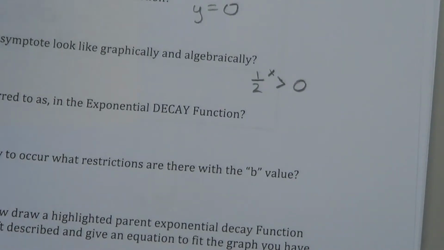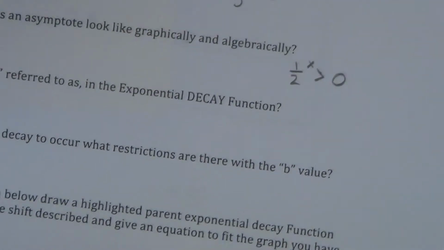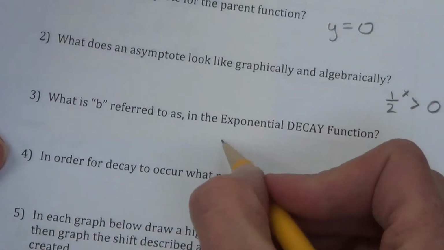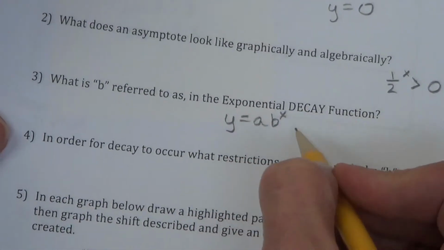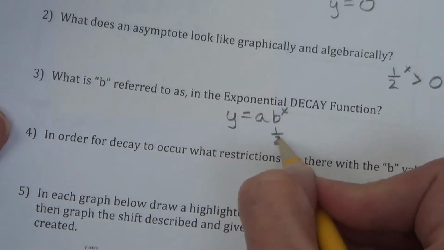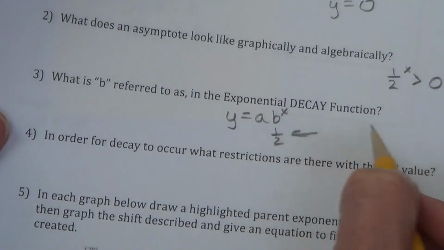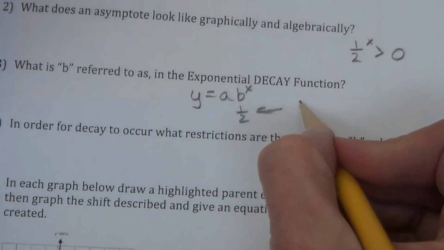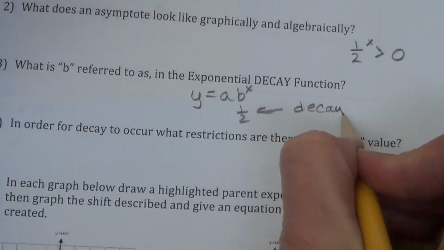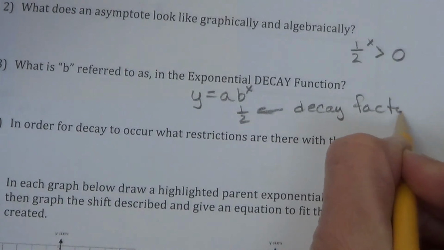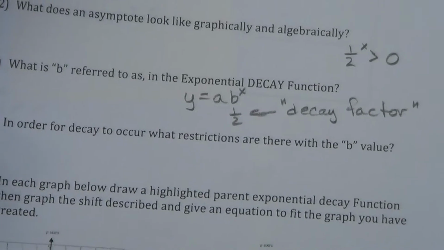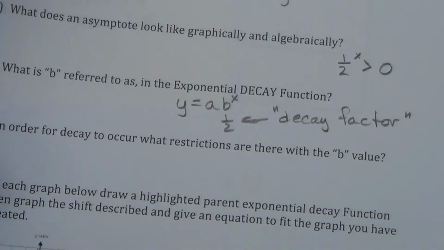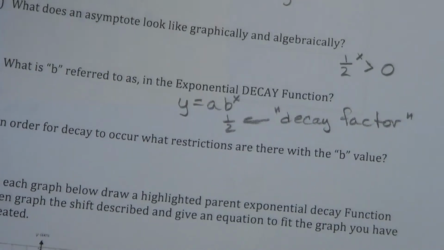What is b referred to as in the exponential decay function? Well, remember, we're talking y equals ab to the x. So in this case, it's 1/2. But what does that 1/2 really get termed as? That is your decay factor. Just like you learned today that in the growth function, the b value is the growth factor.